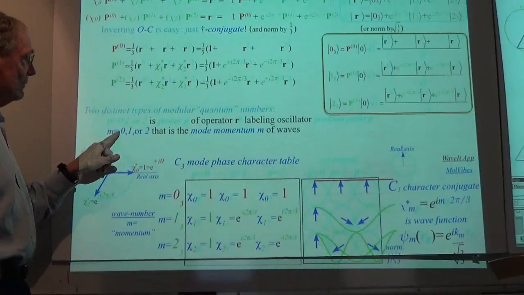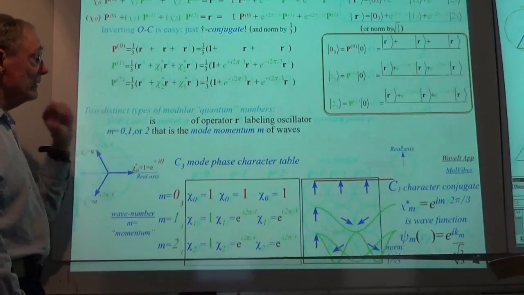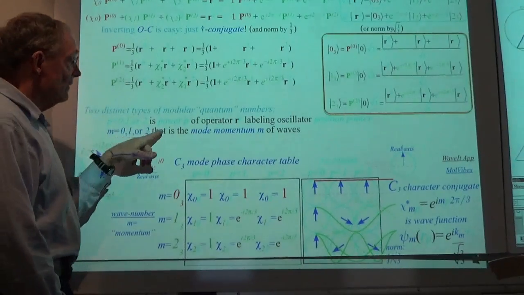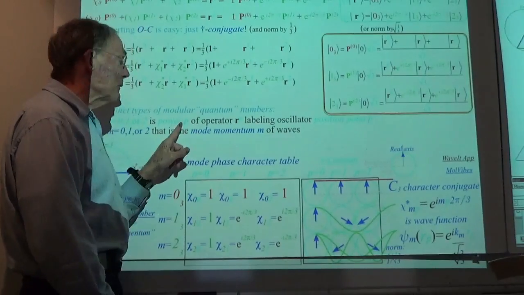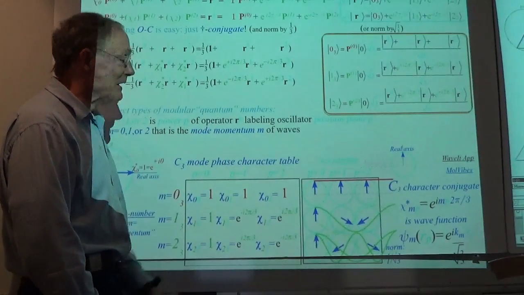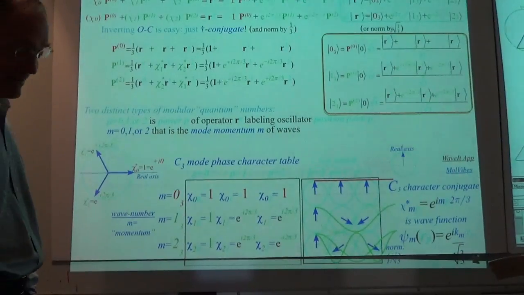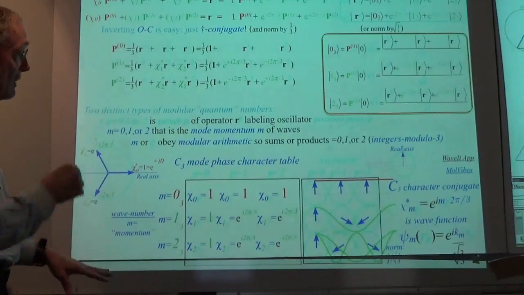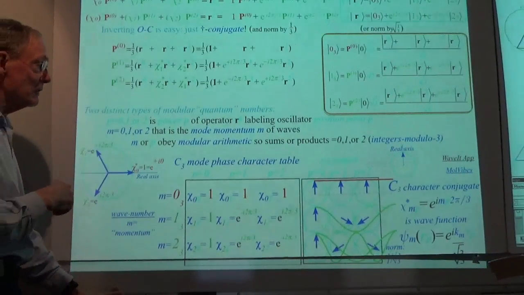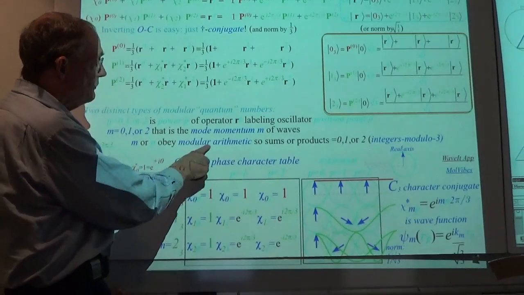The m equals also 0, 1, or 2 modulo 3, just like these. That is the mode momentum, I should say magnetic mode momentum, m. You use m three times in physics here. And we'll be using m when we do spherical harmonics and relativity, all kinds of stuff. M or p obey modular arithmetic.